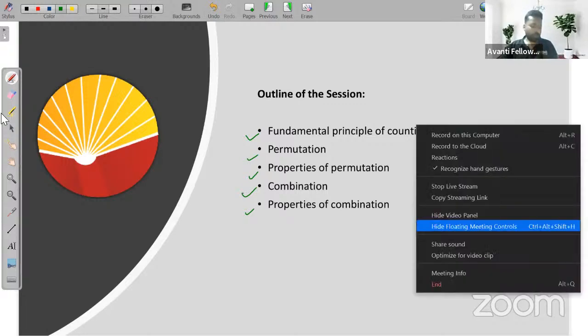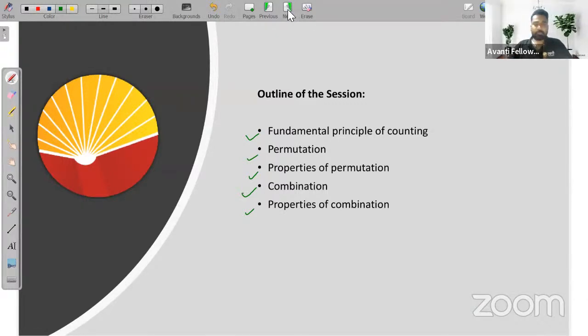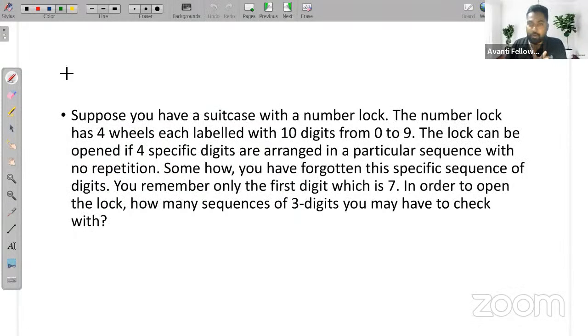Let's first understand what the fundamental principle of counting is. Suppose you have a suitcase with a number lock, like a trolley bag with a security code.